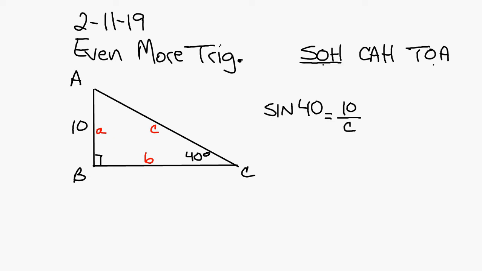So when you've got a variable in the denominator, the first thing you want to do is multiply both sides by that denominator. And that clears the right side. So now you've got C times the sine of 40 equals 10. And if C times the sine of 40 equals 10, you can divide both sides by sine 40.